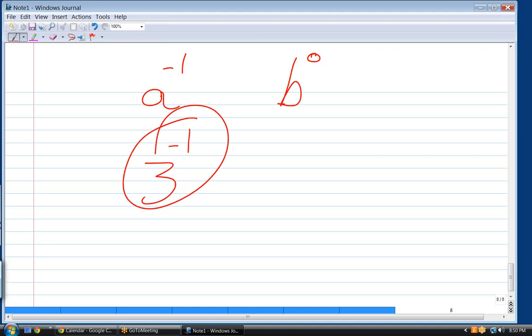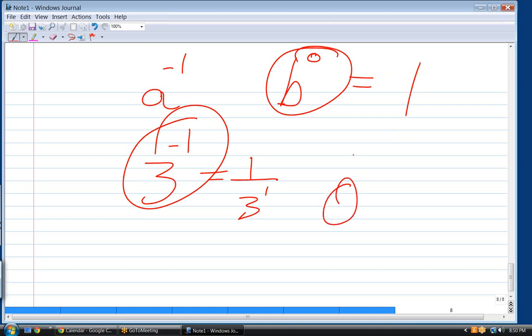What negative exponents mean is merely move the thing to the other side of the fraction bar and change its exponent. So that's actually equal to 1 over 3 to the 1 power. Anything to the 0th power is equal to 1, no matter what it is, including 0. 0 to the 0th power, believe it or not, is equal to 1.